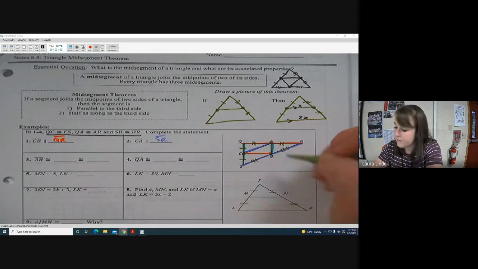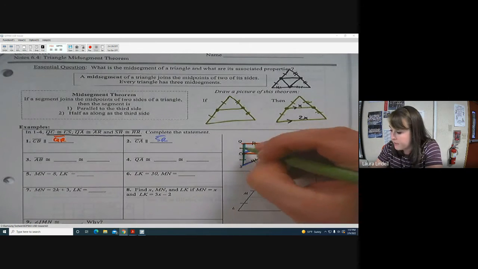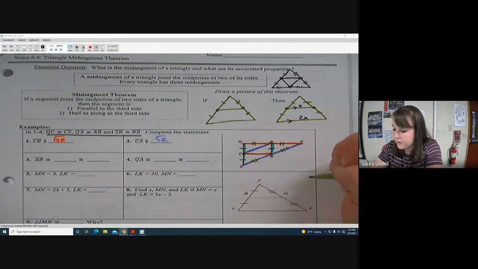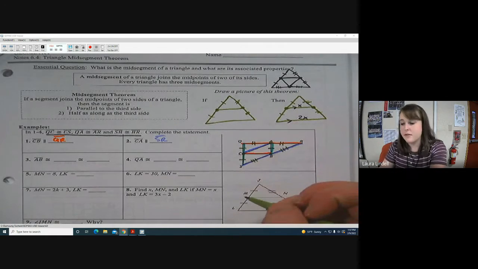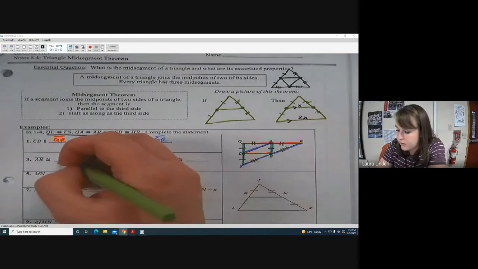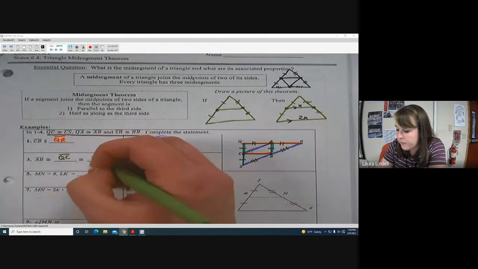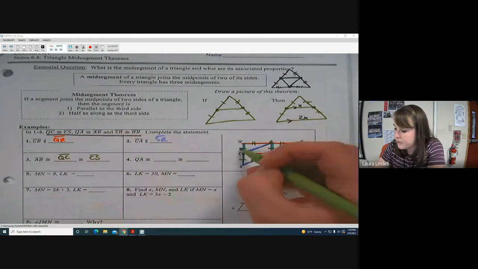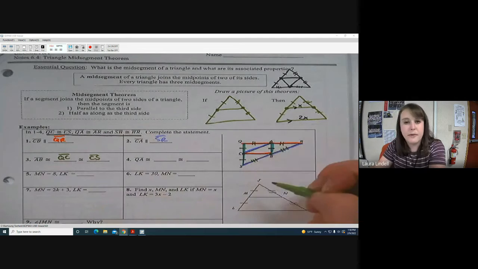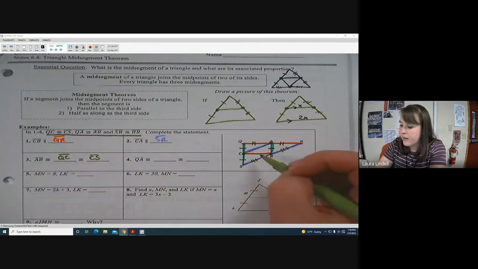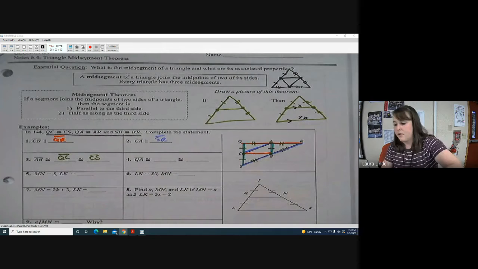All that to say, AB is the same length as QC and CS. And hopefully that kind of visually makes sense as well. So all three of these will be the same length. And we can do that with any of our midsegments.